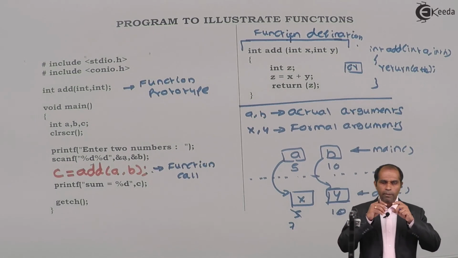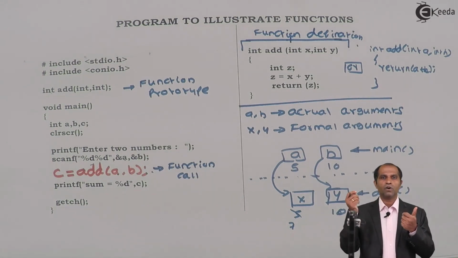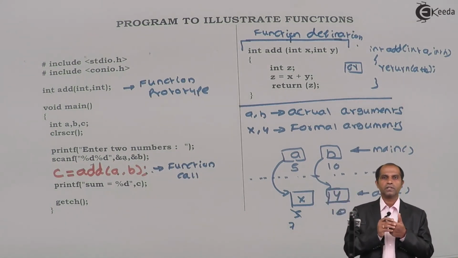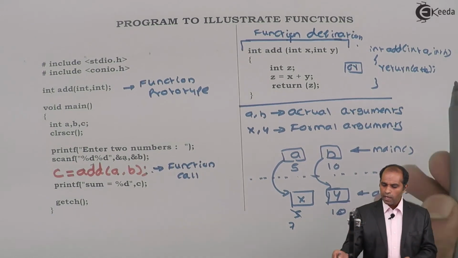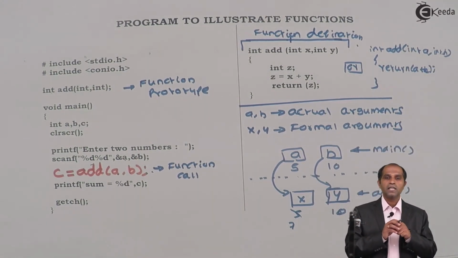So the values of A and B stored in main are received into the values of A and B declared for the function. So formal arguments and actual arguments can share the same name, but they don't have the same memory place.